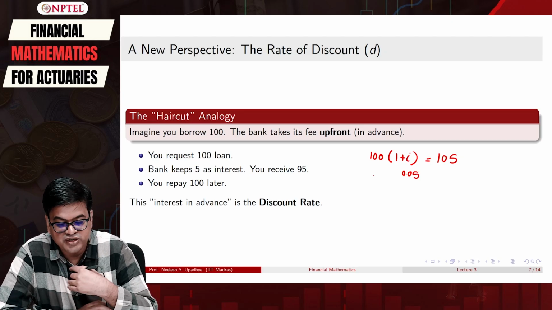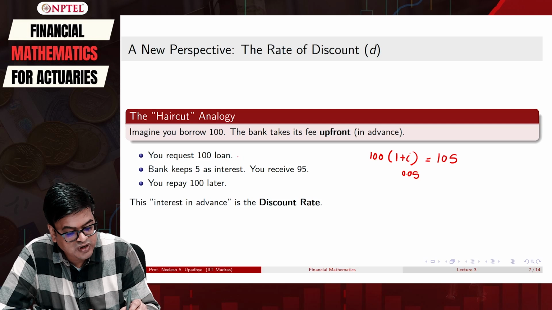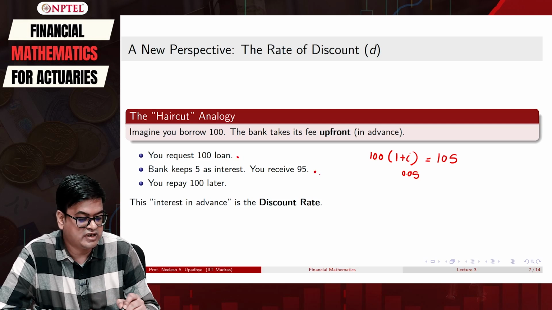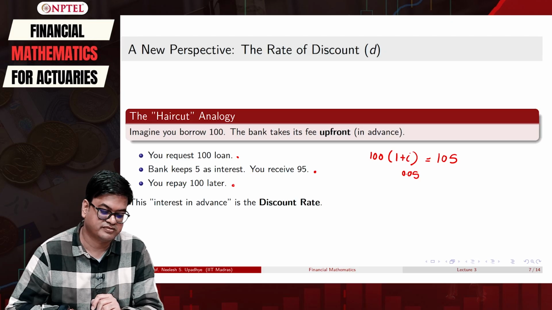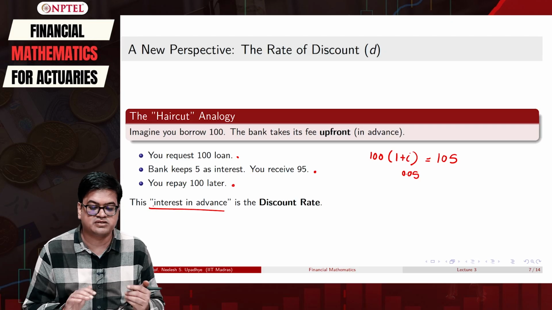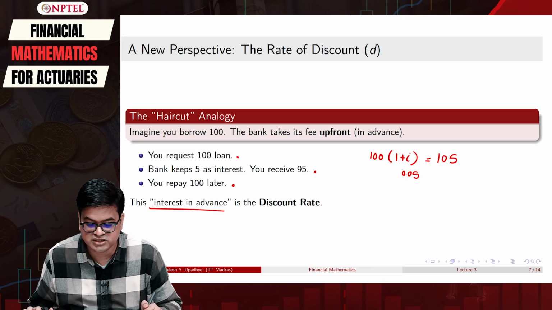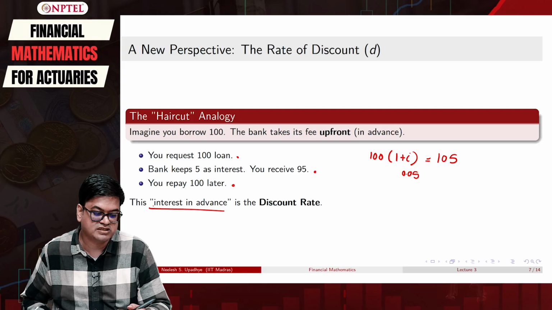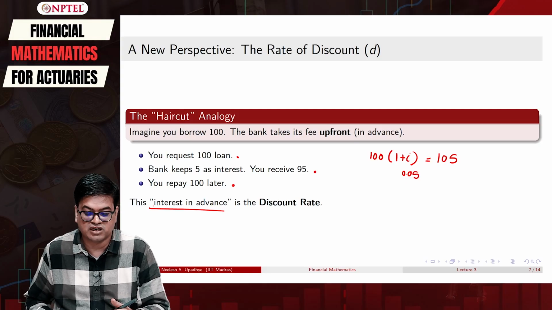Here, when you are borrowing the money, you ask for 100, the bank gives you 95, and then you repay 100, right? That means the bank has actually kept the interest with itself. Okay. So this is the main difference when we are dealing with discount rates.